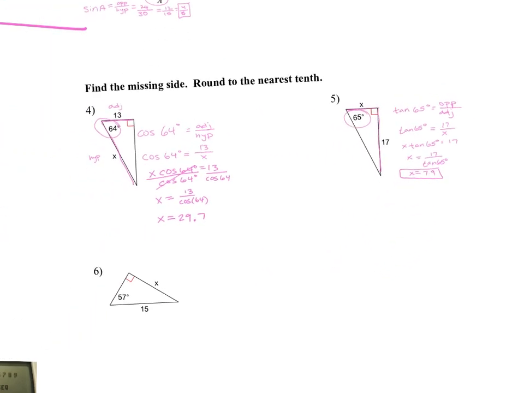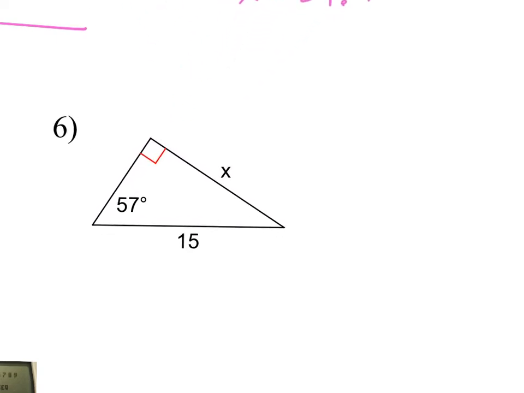And let's take a look at one more example. So when we look at this one, we see our reference angle here, and I see that my opposite side is x, and this is my hypotenuse side, which is 15.